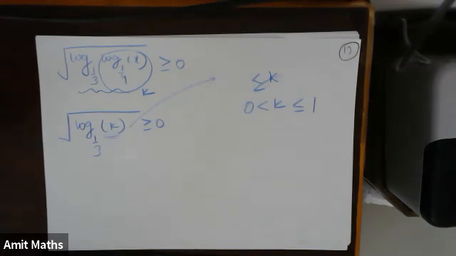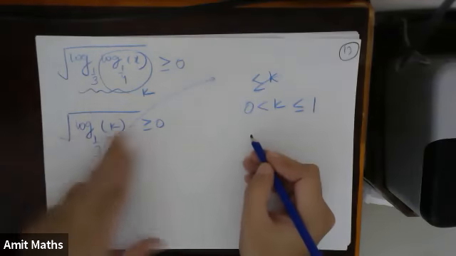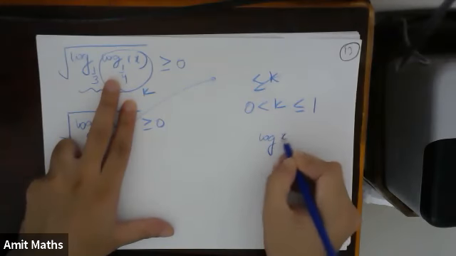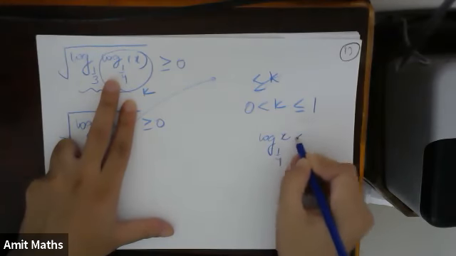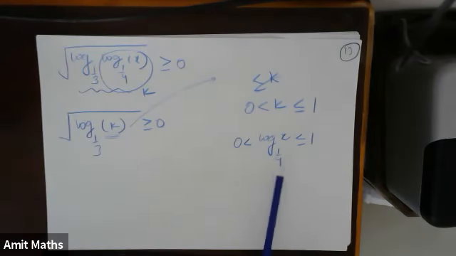If k is greater than 0 and less than or equal to 1, what is the value of k? k is nothing but log of x base 1 by 4. This should be less than or equal to 1 and greater than 0.